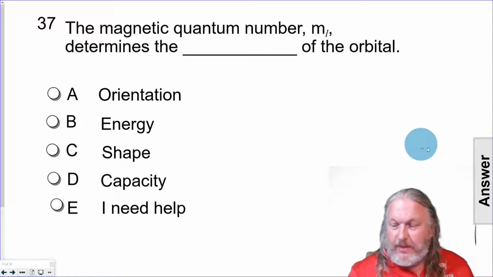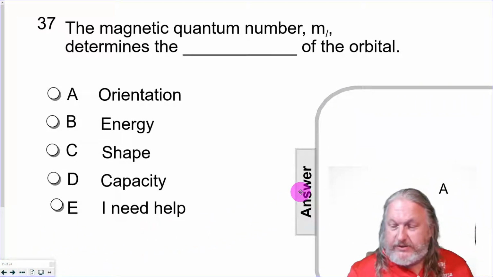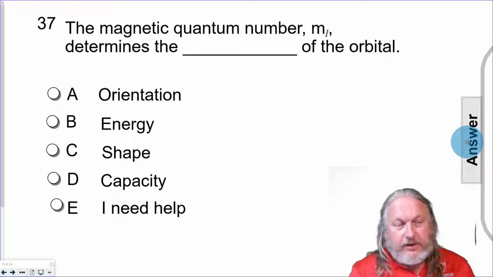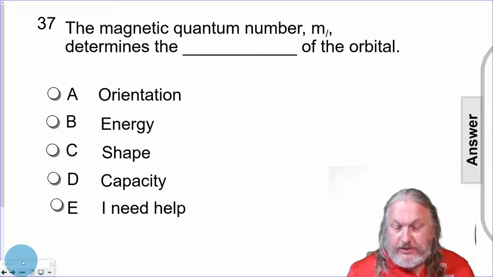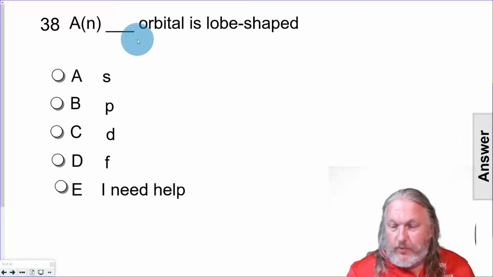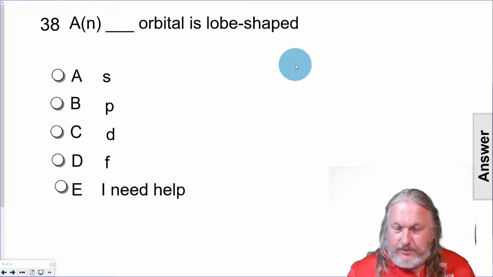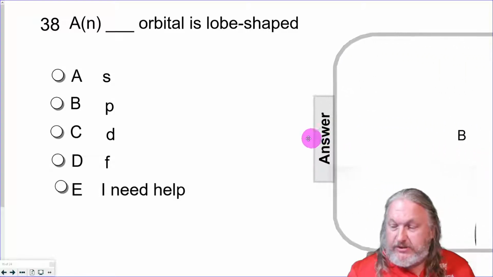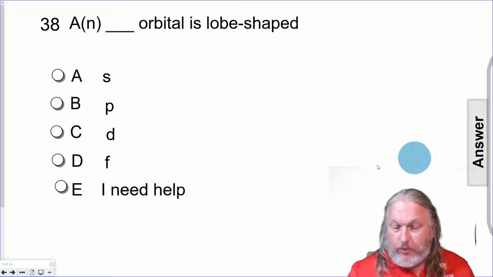Pause. Well, of course, that's the orientation, A. Where does it line up on the XYZ chart? Now, which one of these orbitals is lobe-shaped? Pause. And of course, the answer is B, the p orbital.